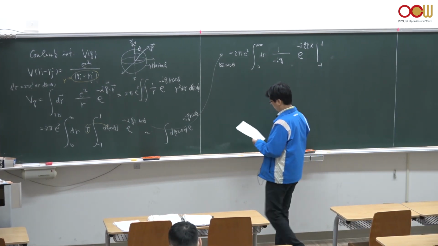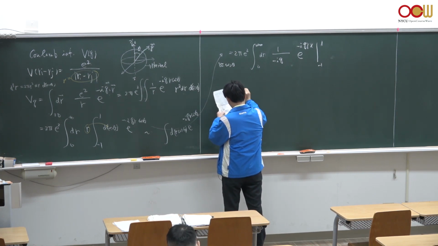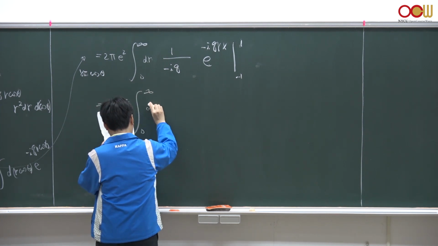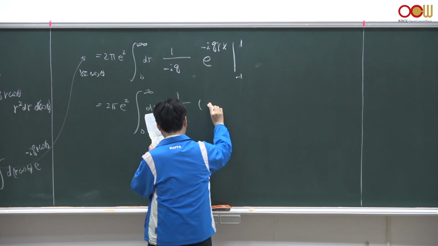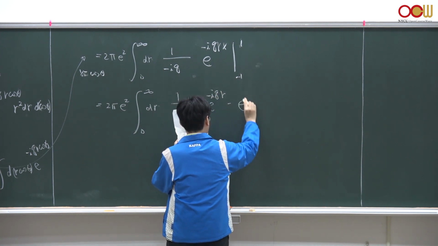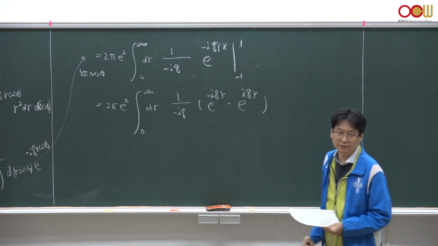And so I can just continue with my integration. So this is 2 pi e squared, integral to infinity dr, minus i q, minus e to the i q r. Yes? All right?